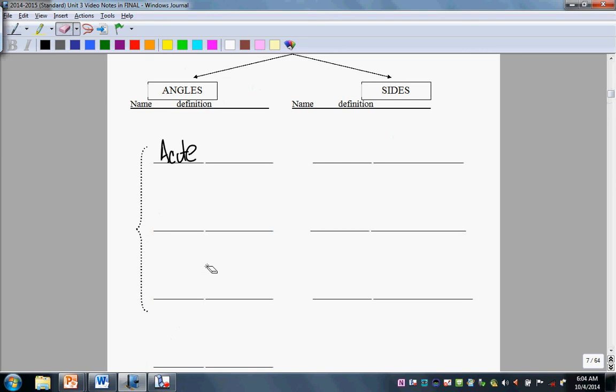We went acute, obtuse, and equiangular. Down here you're going to put right.